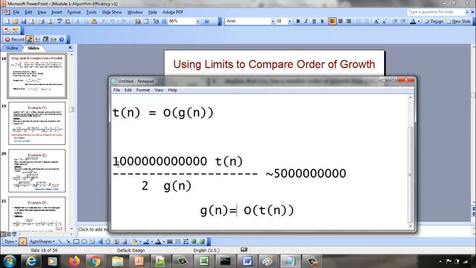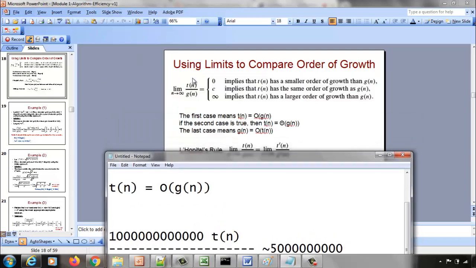And the other function goes to the left hand side. So g of n is big O of T of n. So these are the two extreme cases. If the ratio goes to 0, it means the denominator growth is larger. If the ratio goes to infinity, that means the numerator function is larger.